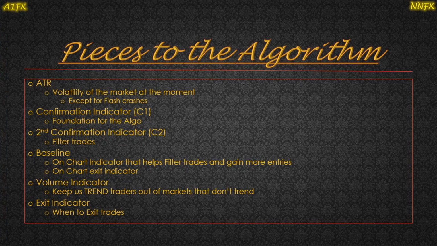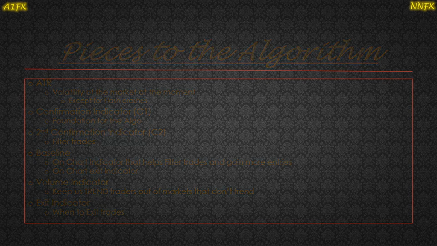We do not scalp or swing trade or things like that. We are trend traders, so if there's no trend, we can't make money. So the volume indicator gives us basically our life, what we breathe, our oxygen to our system. And the final piece is the exit indicator, and it basically does what its name says. It tells us when to exit trades.